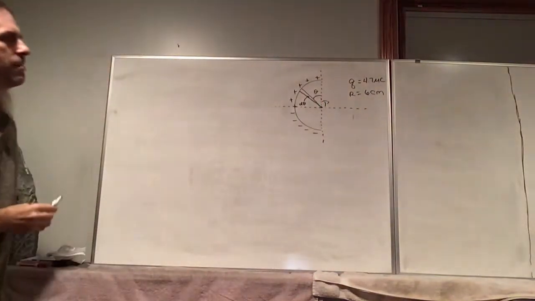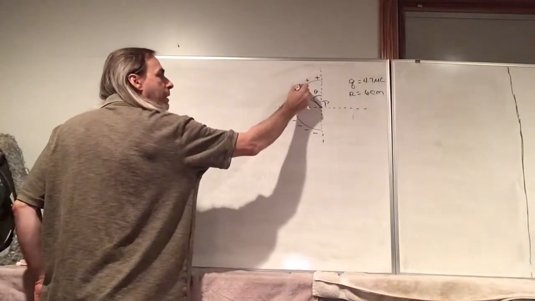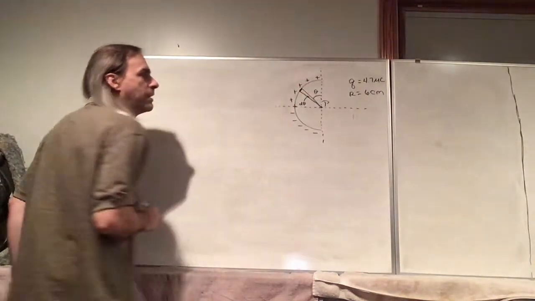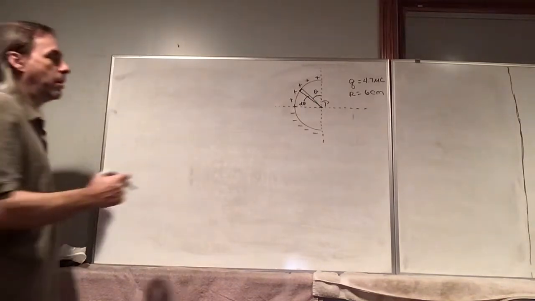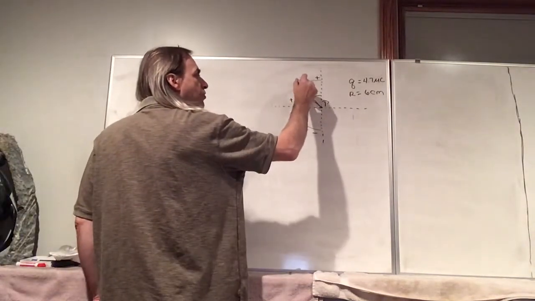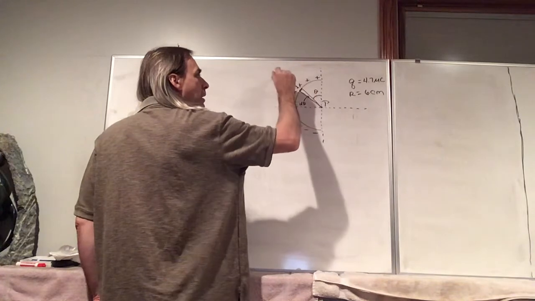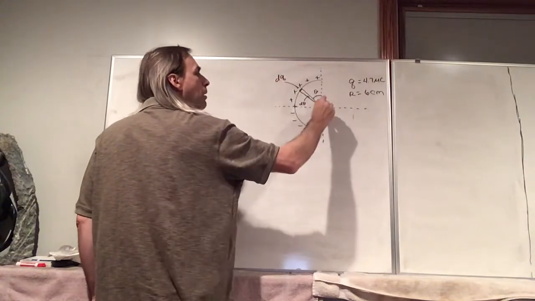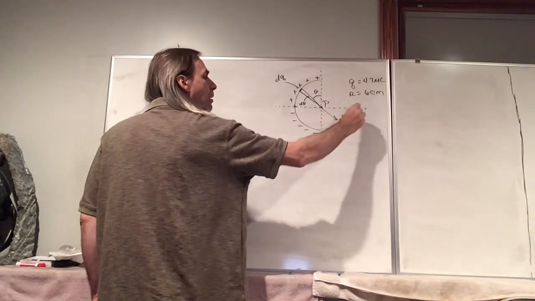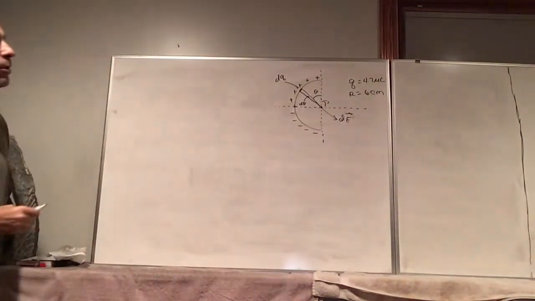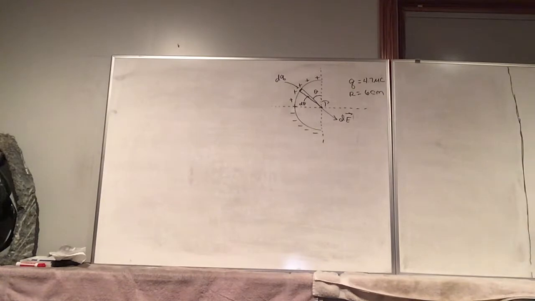So there's a certain amount of charge on this rod here that's essentially at the same angle theta. And this d theta, of course, is very small. And so the electric field due to this charge, dq, that would be dE, that would point in that direction there.